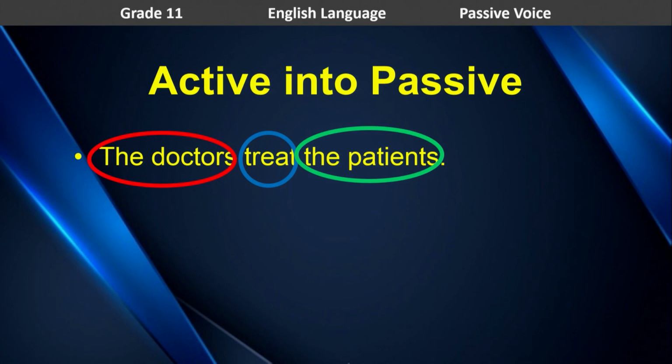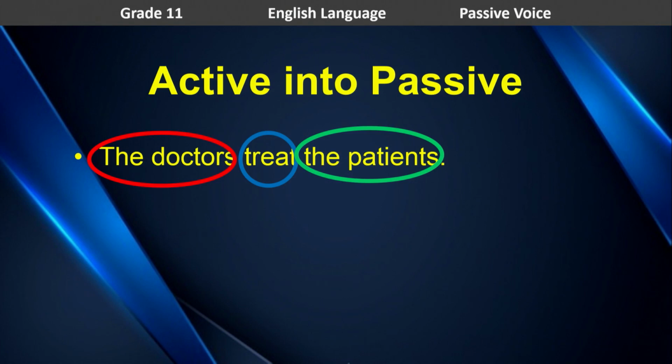So, when you convert this sentence into passive voice, you have to pay attention to the subject, verb and object. If you pay attention to this sentence, you will realize that it is written in the simple present tense.